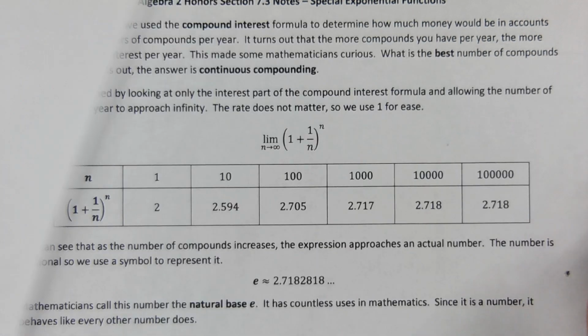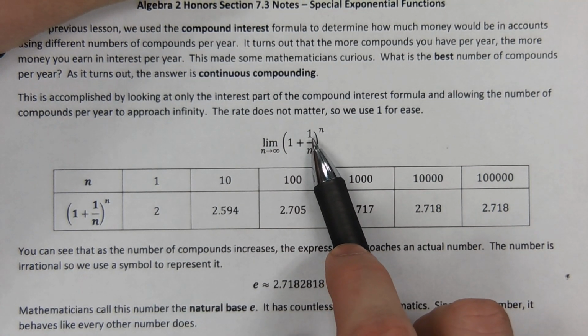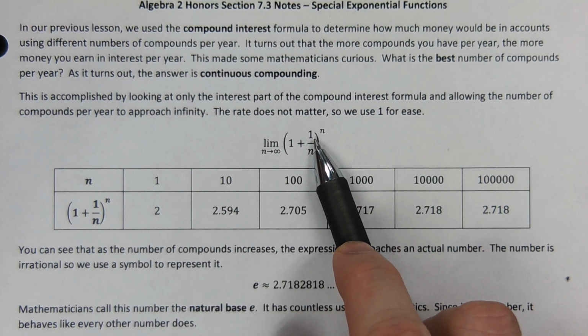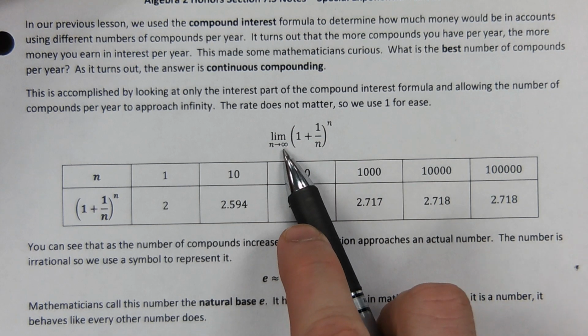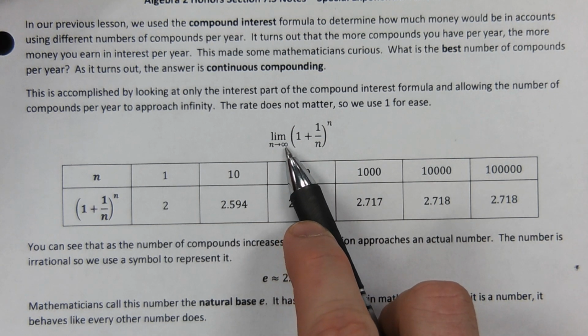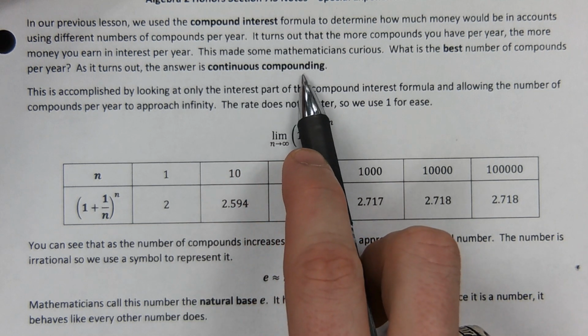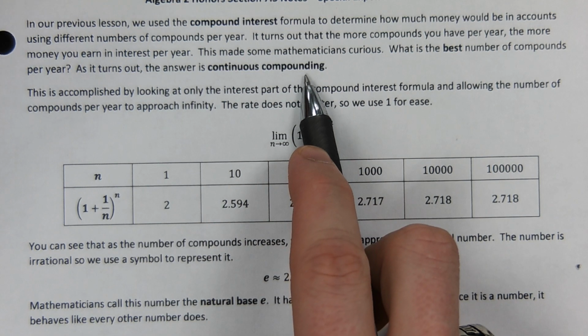So what we do is we let the R value be 1, as if we were trying to earn 100% in that year. Allowing the number of compounding events to approach infinity actually leads us to something called continuous compounding. And that means all the time. Every moment, you're gaining interest on your interest. It never stops.